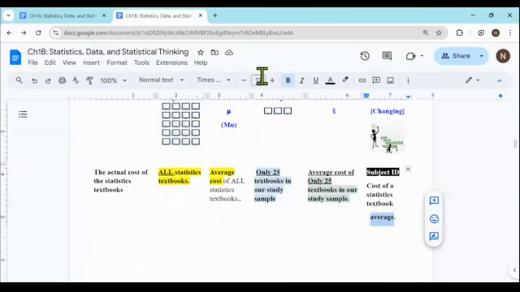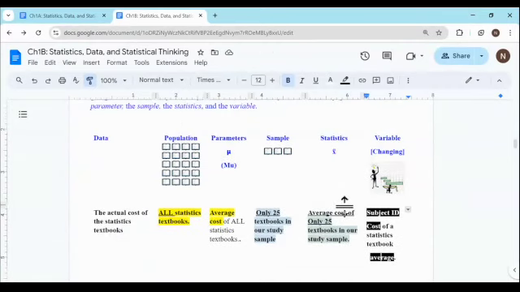Is this clear? Doctor, in this question, what's the difference between the first part, which is the data, and the variables? Why are they the same? The data that you're collecting. What are you collecting?